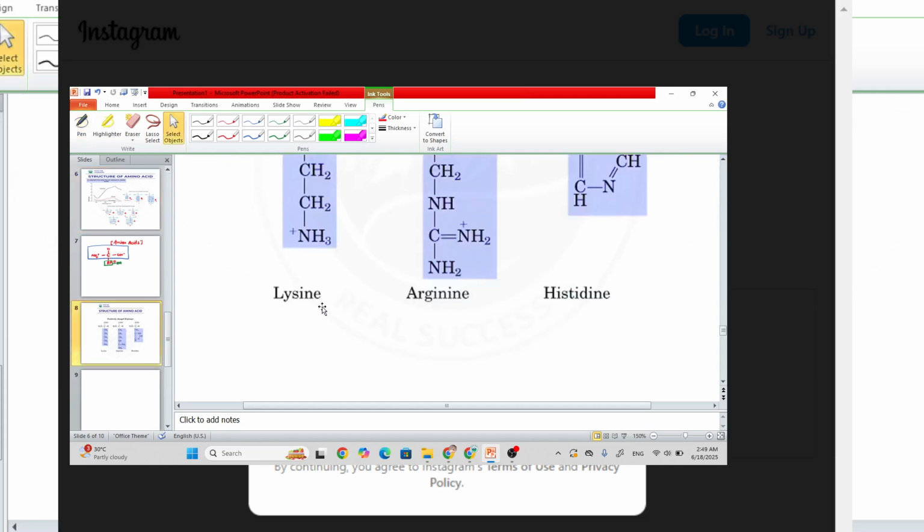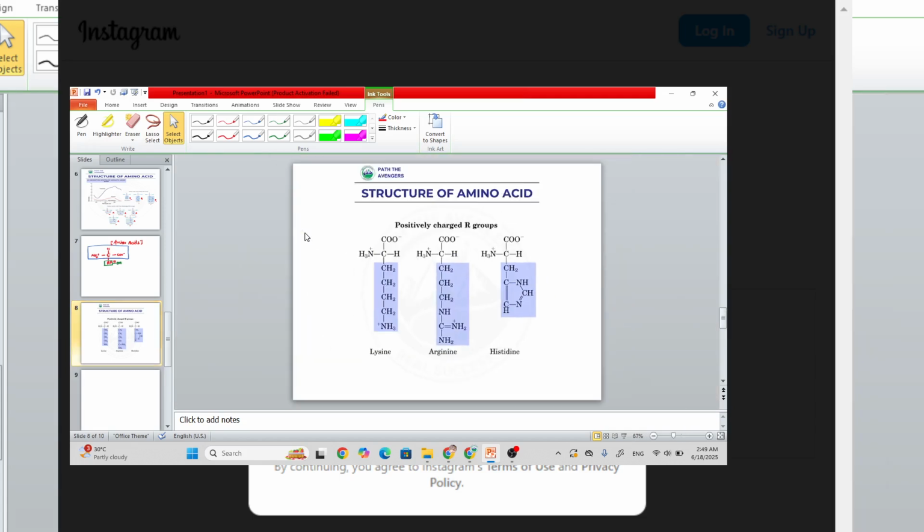And this is the structure of lysine, arginine and histidine, the positively charged amino acids. You can notice this chain contains a positively charged group, that's why it is known as positively charged.